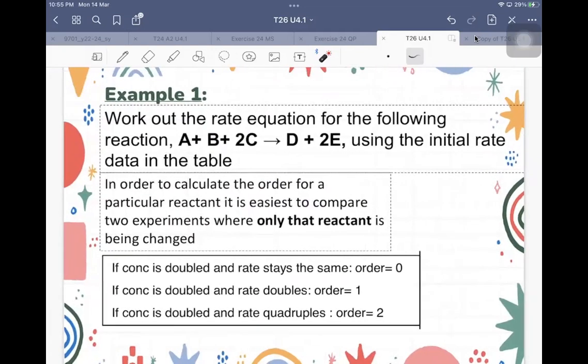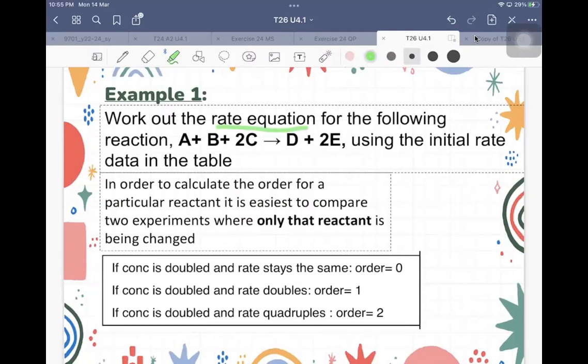So we are to work out the rate equation, but before we are able to write down the rate equation, we also need to know what are the orders of each of the reactants, and we also need to know what reactants or reagents appear in the rate equation.